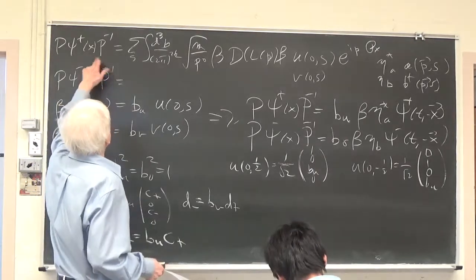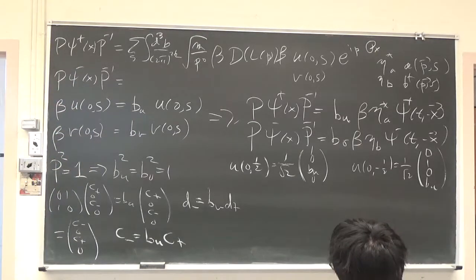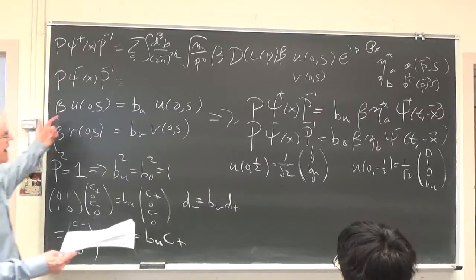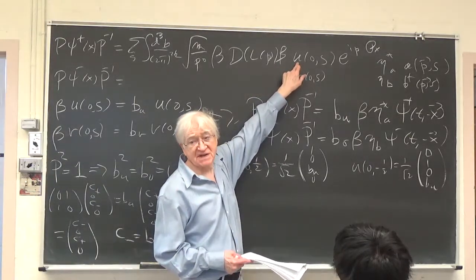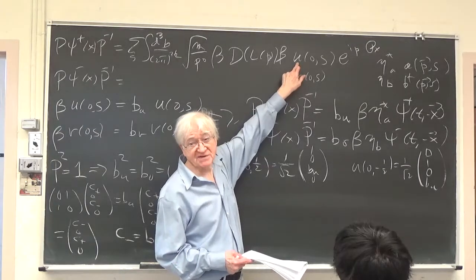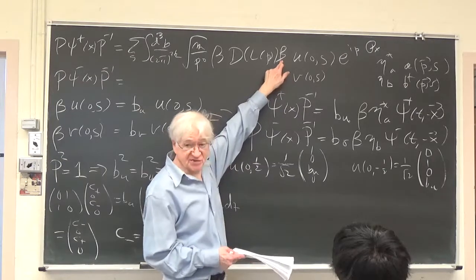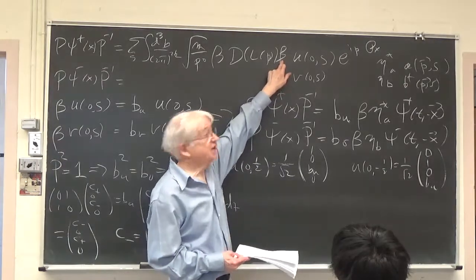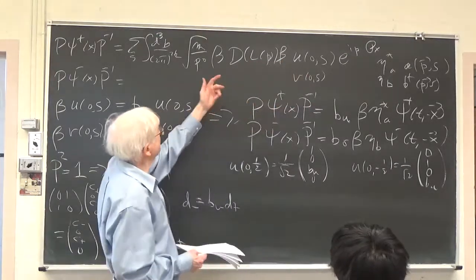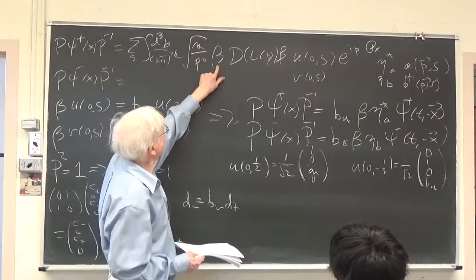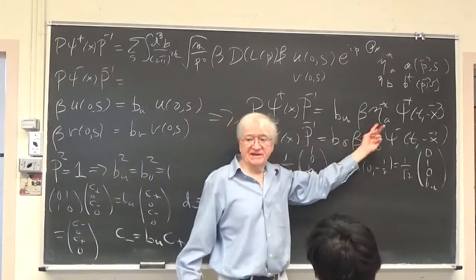In other words, we want it to be essentially proportional to psi plus or psi minus. And it will be if beta U of 0 and S is proportional to U of 0 and S, because then you can replace this beta, which is a 4x4 matrix, with just a number. When you do that, the D acts on the U and turns it into U of P and S, and then the beta comes out front. And so you get, in other words, we want these relations.